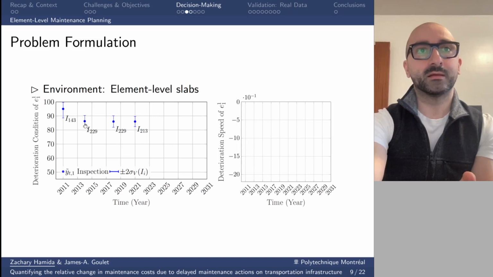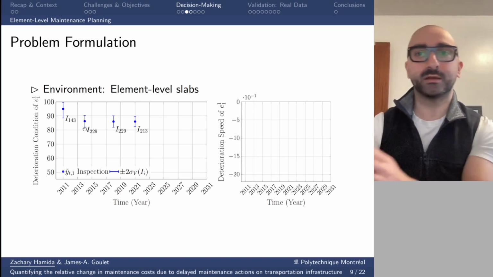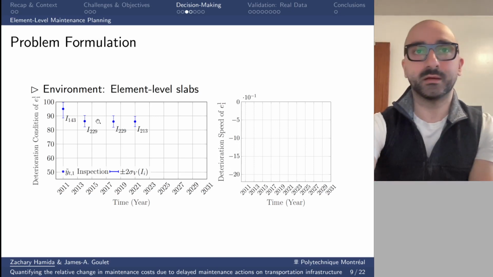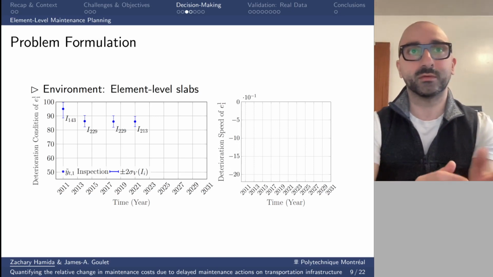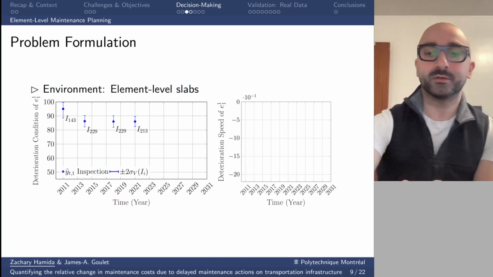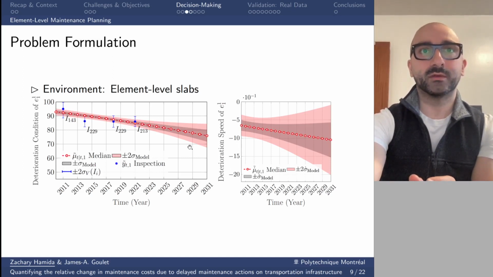And the blue whiskers here are the uncertainty associated with each inspector, which is quantified using a framework that was introduced in previous research work. So the deterioration condition is the red dashed line with the confidence interval around it.